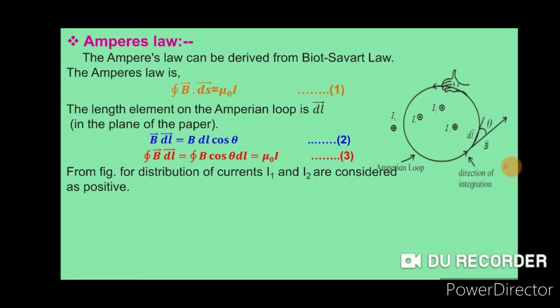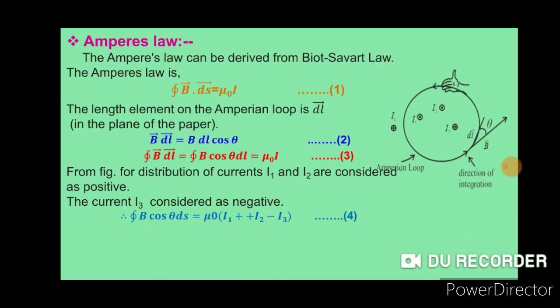For the distribution of current from the figure, I1 and I2 are coming out of the paper, that is, parallel to the stretched thumb. Hence, these are positive, and I3, on the other hand, is going into the plane of the paper. Therefore, it is negative. By using the sign convention, the integration over the closed loop of B cos theta into dl is equal to mu 0 into bracket I1 plus I2 minus I3. Suppose equation number 4.